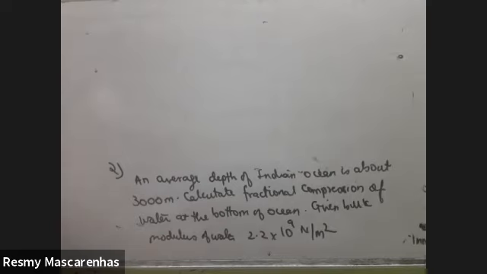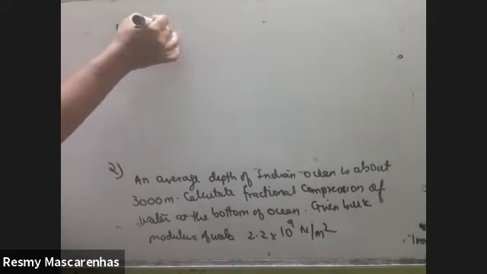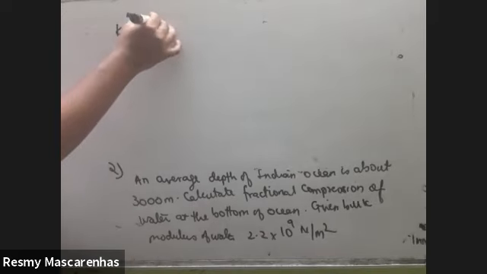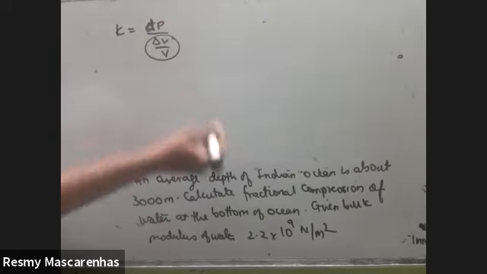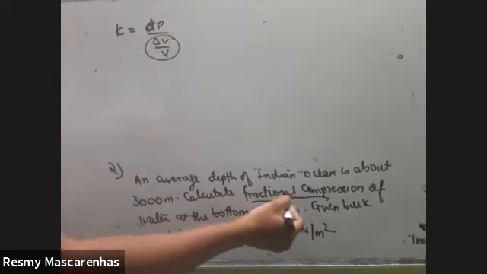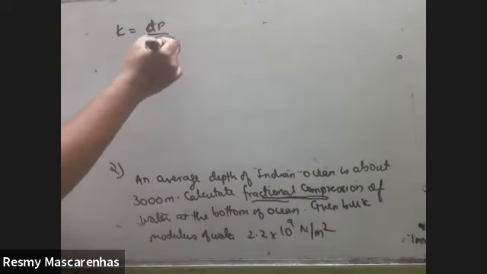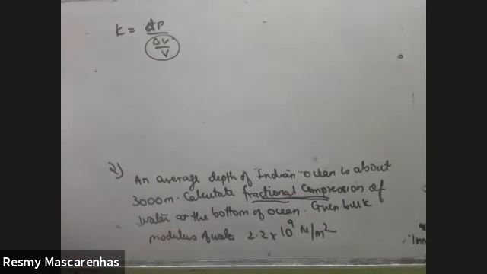Okay. Now you know the formula is actually K is dP upon delta V upon V. This we have to calculate. Fractional compression means total volume, delta V upon V has been asked.